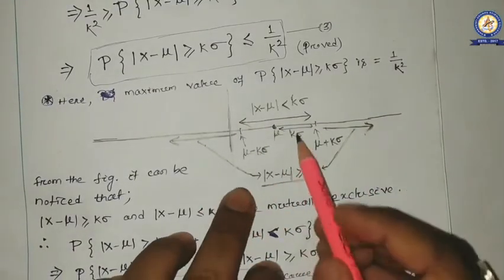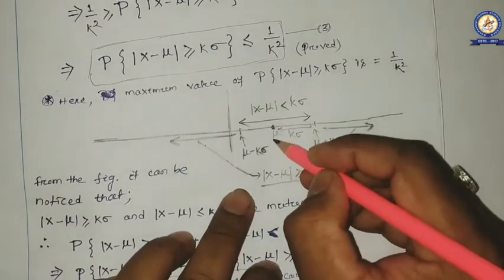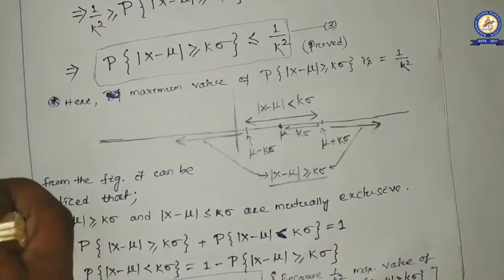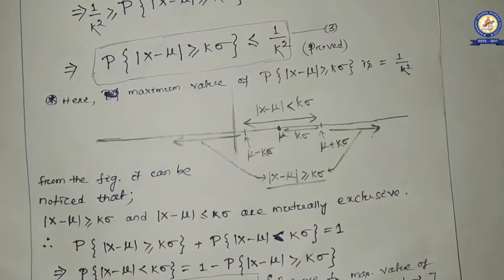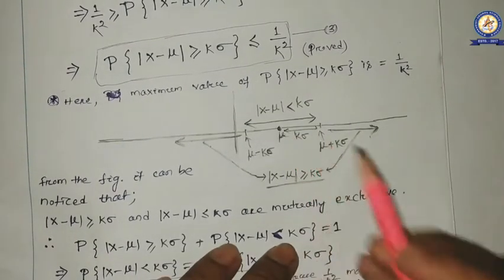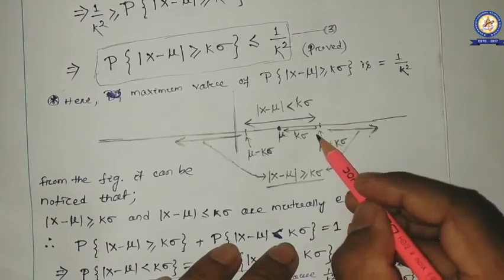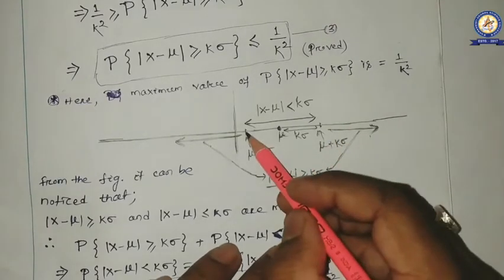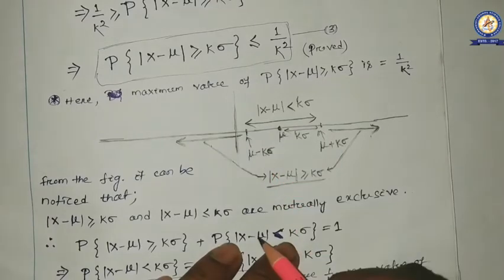You can see that this is your mu point, and this distance is your k sigma. This point belongs to mu plus k sigma, and this point belongs to mu minus k sigma.